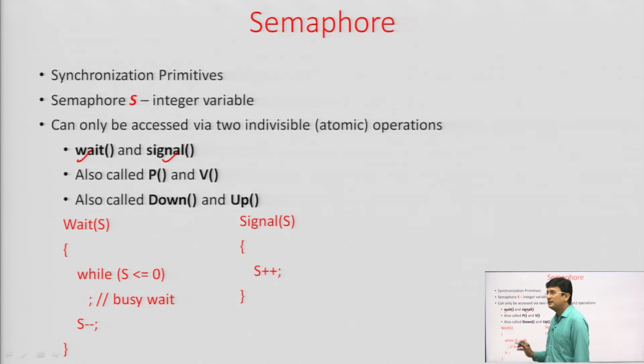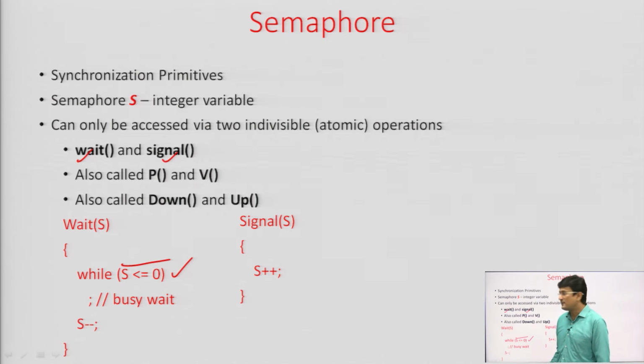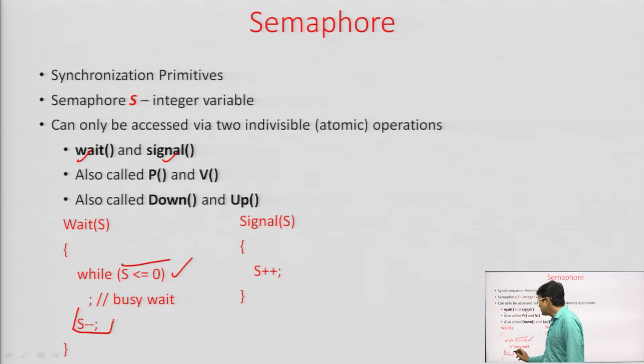So, what does the wait do? It checks the value of the semaphore. If the value of the semaphore is less than or equal to 0, it will keep waiting. It is something like knocking at the door continuously. So, while s is less than or equal to 0, this will keep waiting and checking this condition, and if this value becomes 1, it means it is now the turn for entering into the critical section. The semaphore value is decremented and the critical section entry is allowed.